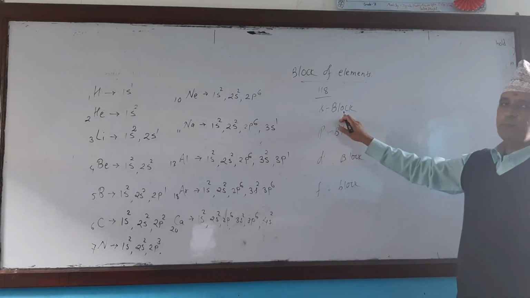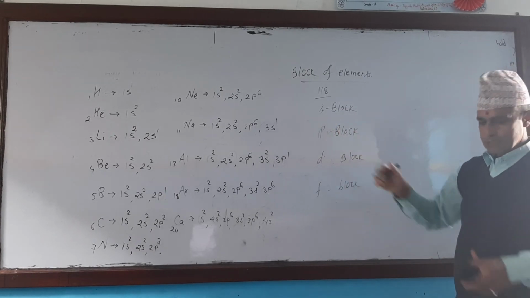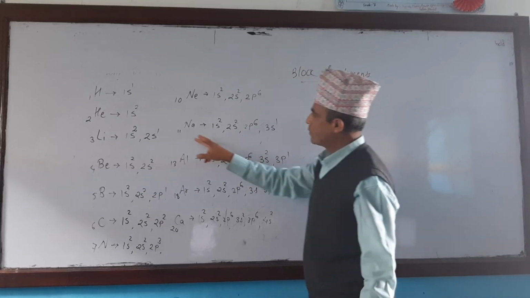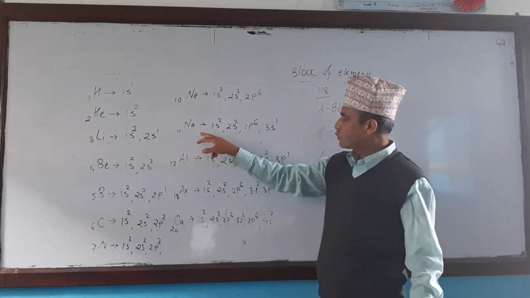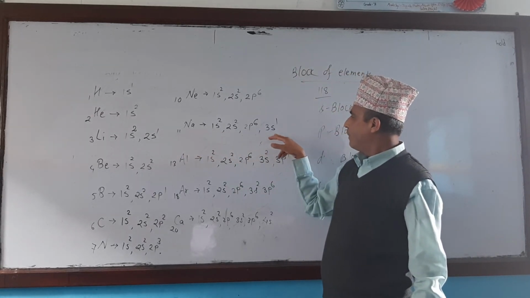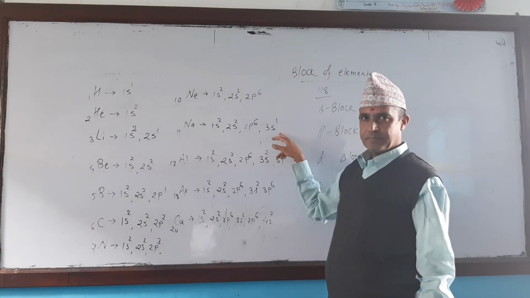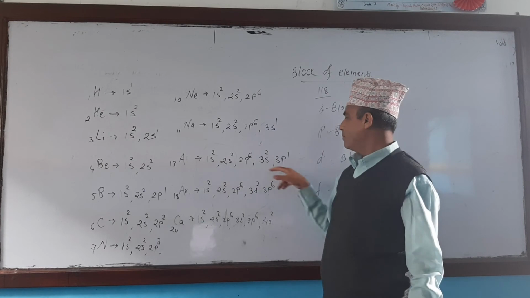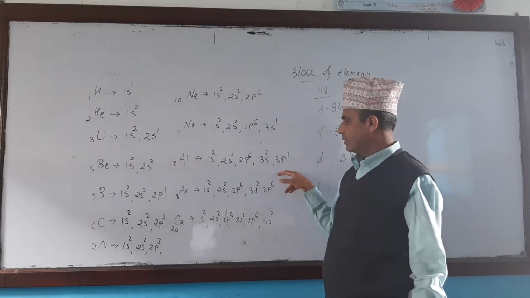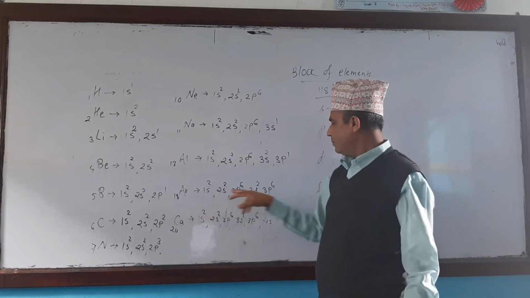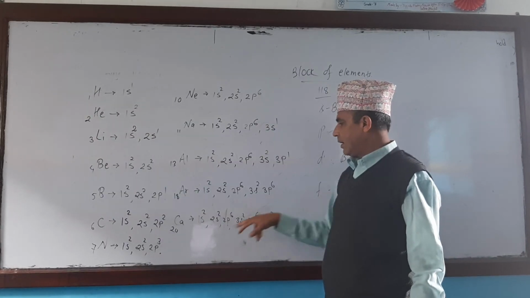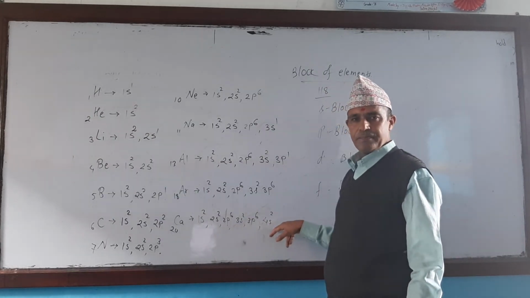So what do you mean by S block element? Students, look here. If you talk about sodium, its valence subshell is s. Is it s here or not? But if you talk about aluminium, the valence subshell is p. If you talk about argon, the valence subshell is p. Again calcium, s.